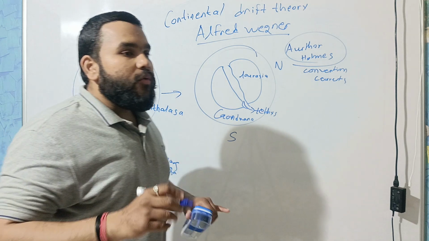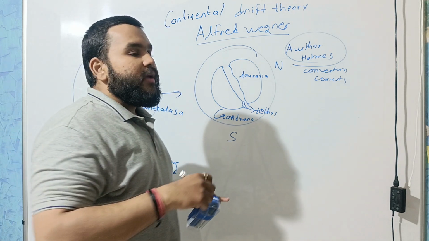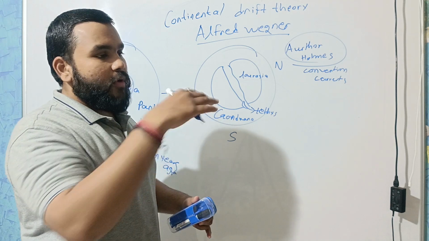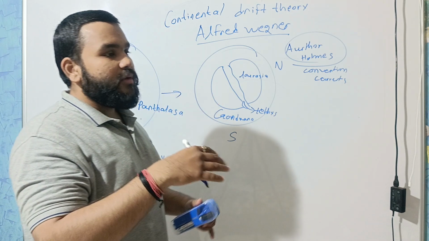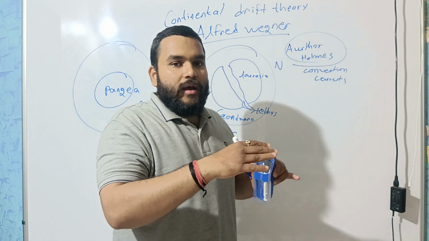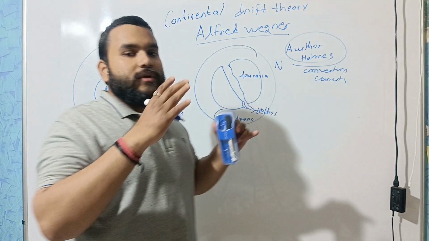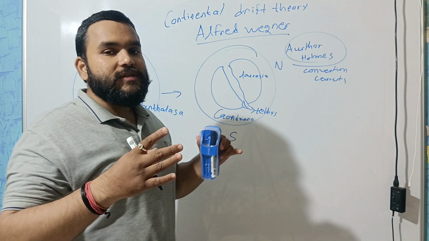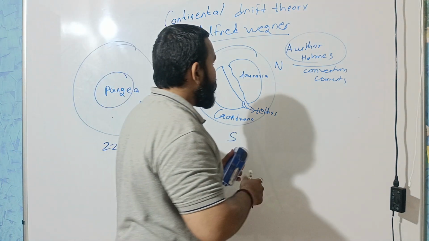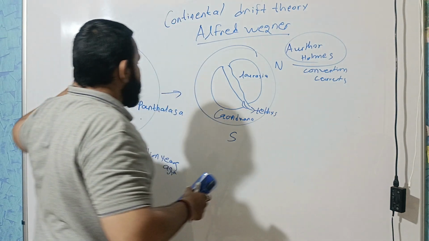Whenever we say magma, that hot material, all the minerals, is inside the Earth, then we call it magma. And when it bursts out and comes to the surface, then we call it lava. That's it. So Alfred Wegener proposed this theory.